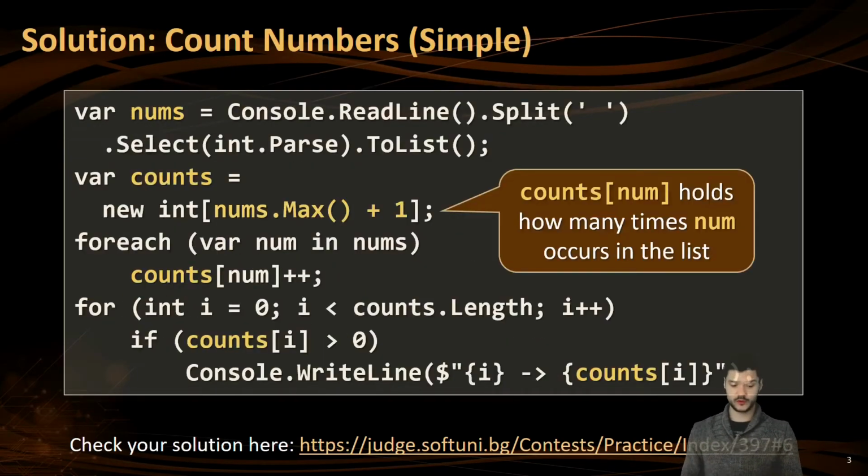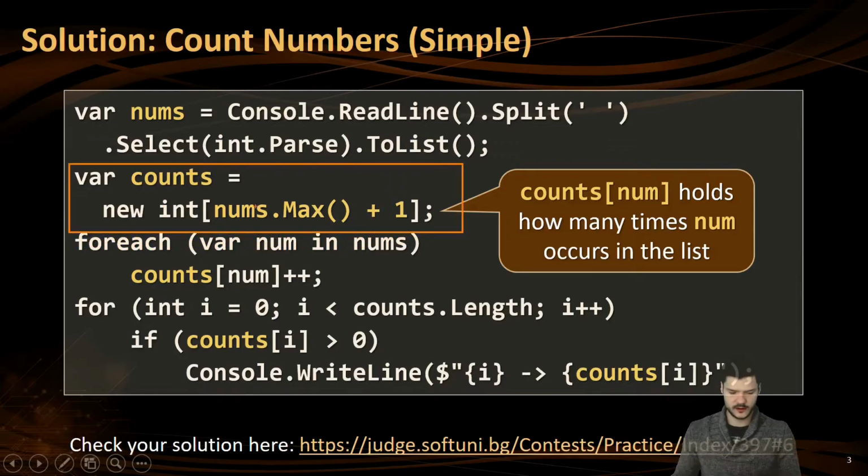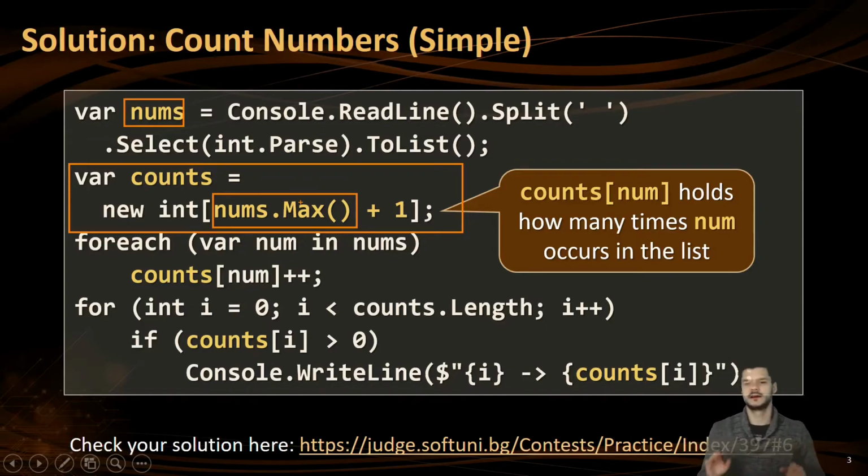The difference between both of them is that the first one uses more RAM, because we create a very big array here with the maximum. We get the max number of this array, and we create an array of size the maximum number plus 1, because we start from 0.